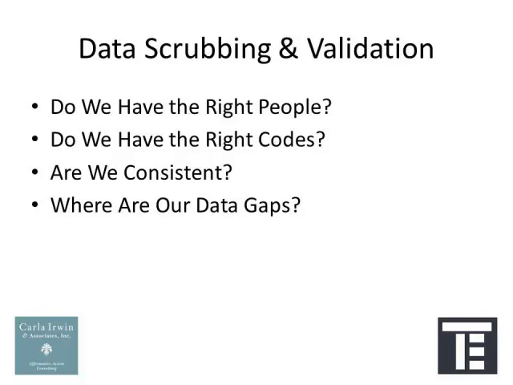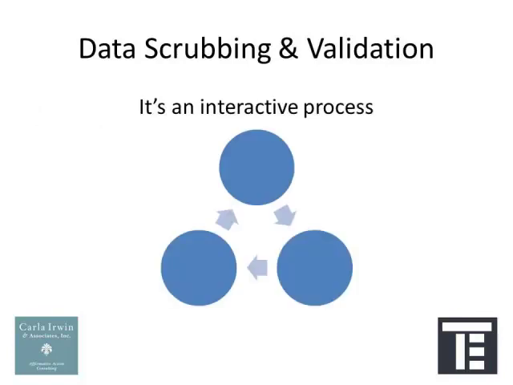So the key thing to keep in mind with data scrubbing and validation is that it's really an interactive process, and the company and the consultant are going to work together in order to get the most correct, comprehensive, and accurate data set as possible before any kind of analysis is done.